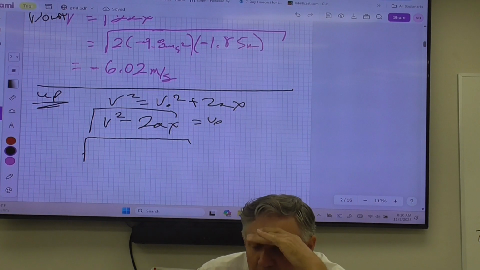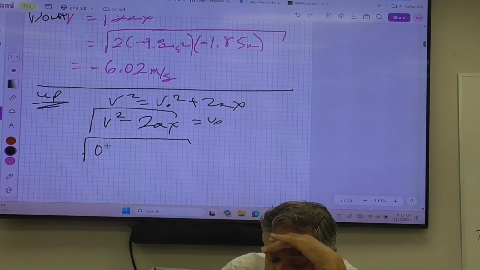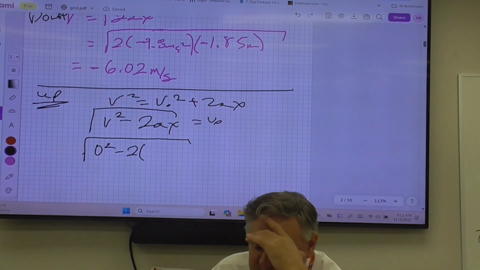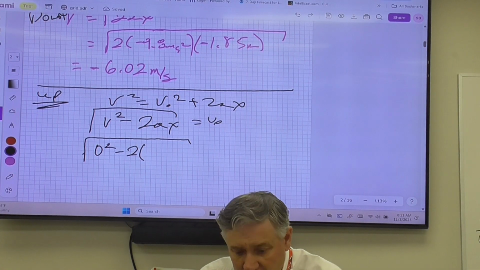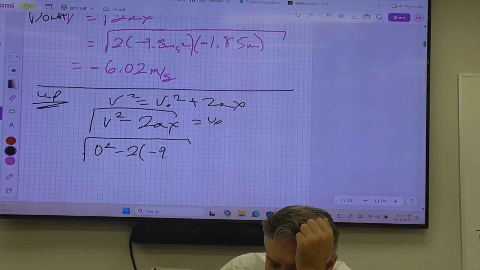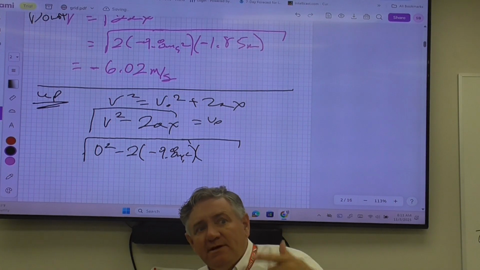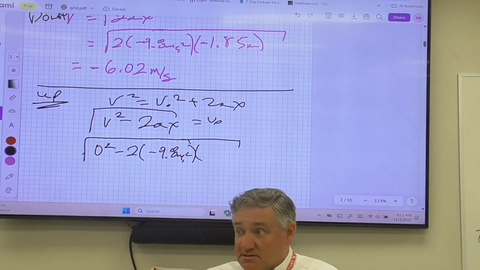Now, on the way up, what's your final velocity? 0. So this is going to be 0 squared. That's important. Because we have 0 squared minus, now is my acceleration still negative 9.8 meters per second squared? Yes. But the 1 meter, is that positive or negative? Positive, because it's going up, right?